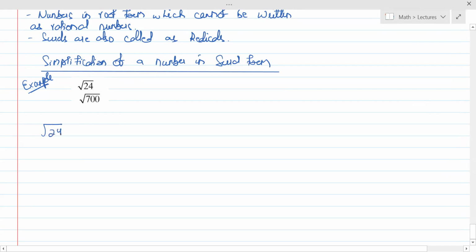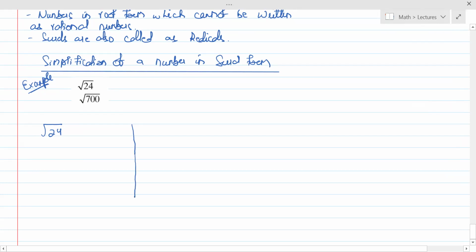Now to simplify a number in surd form, we need to know the concept of prime factorization. If you don't know the concept of prime factorization, then please refer to my previous videos on prime factorization. So here, we'll start finding the prime factors of 24.